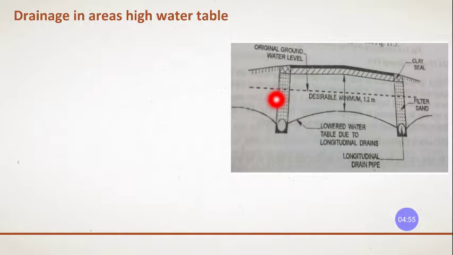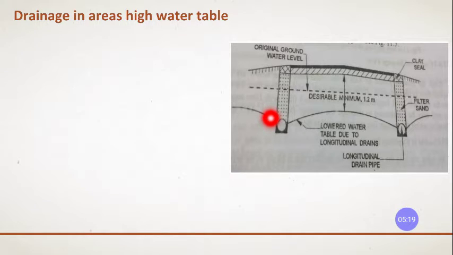So whenever the water tries to come above the level of the drain pipe, the water will percolate into the drainage pipe because it is perforated, and the filter sand, being porous, will also allow the water to pass into it.